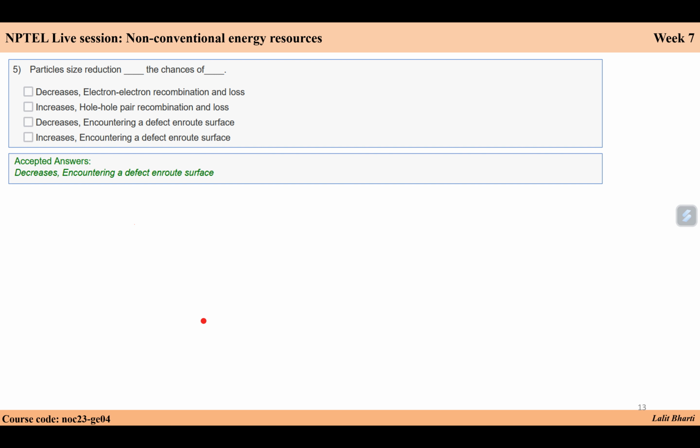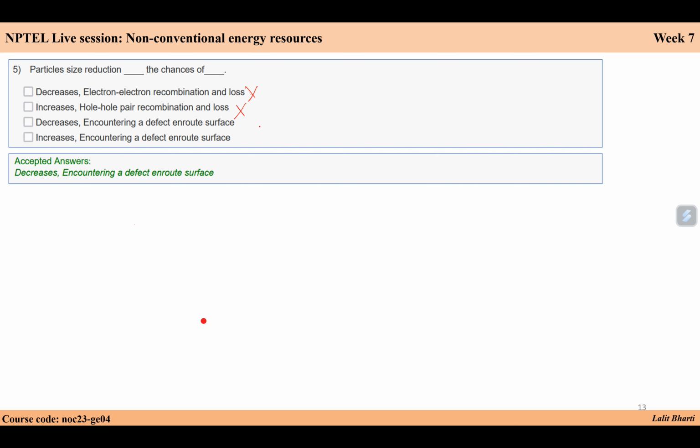So this question says particle size reduction decreases or increases the chances of electron-electron recombination, hole-hole pair recombination. So these both statements cannot be correct because there is no electron-electron recombination, no hole-hole pair recombination.